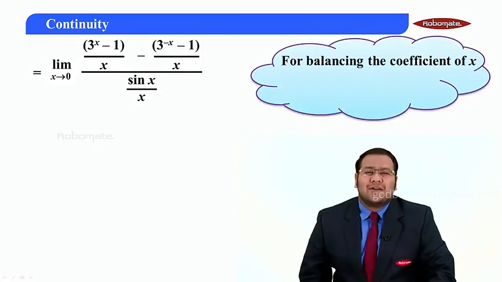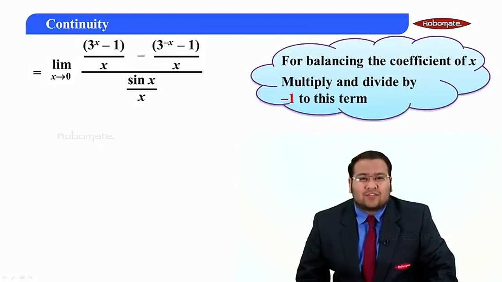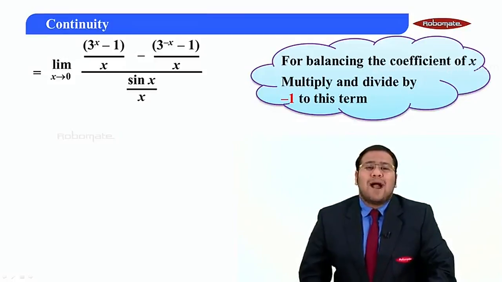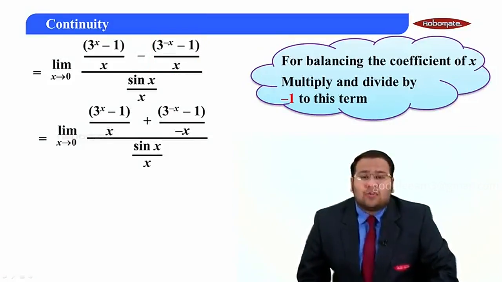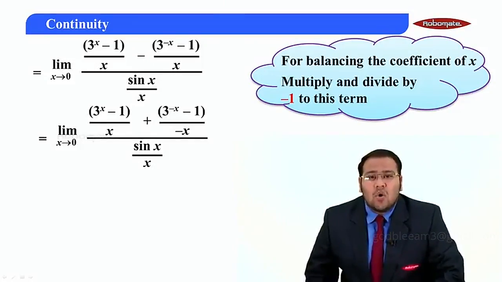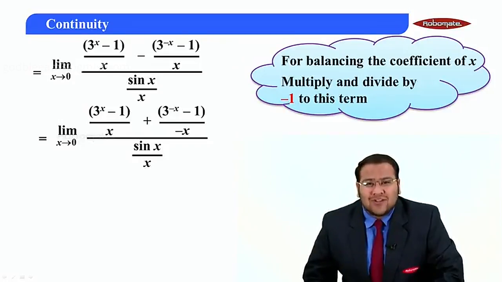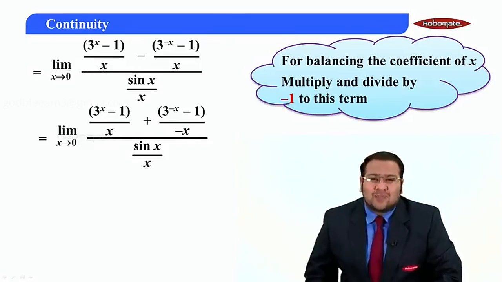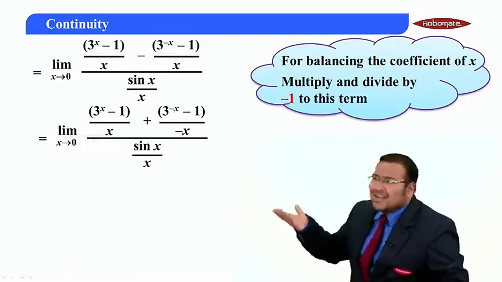Definitely you have remembered that for balancing the equation, the coefficient of x is to be multiplied and divided by minus 1. So the equation would be now 3 raised to x minus 1 upon x plus 3 raised to minus x minus 1 upon minus x and the whole upon sin x by x.